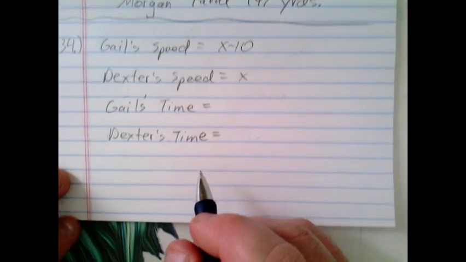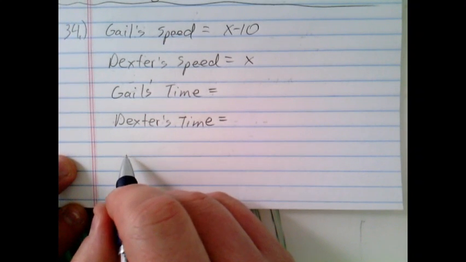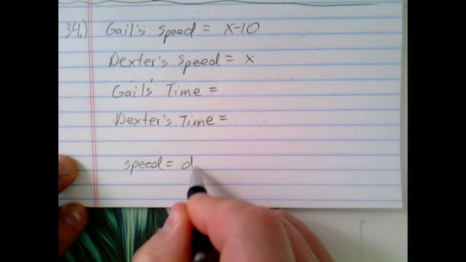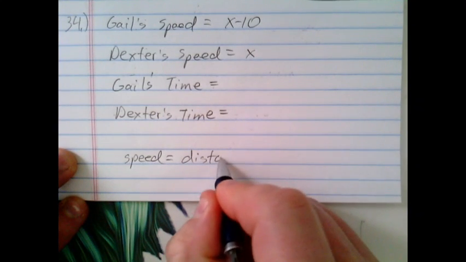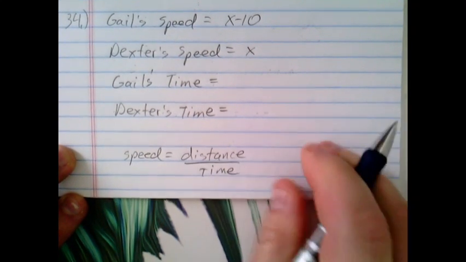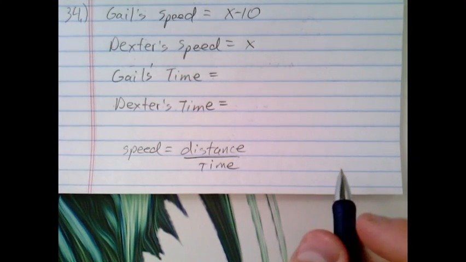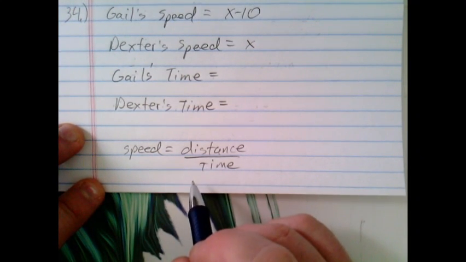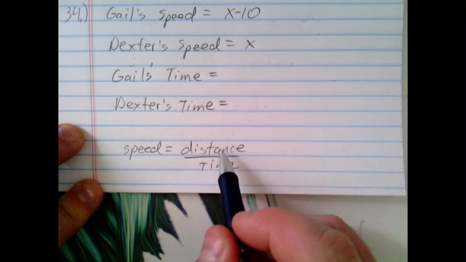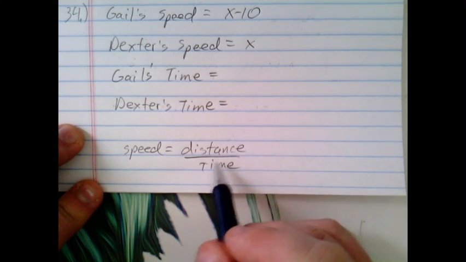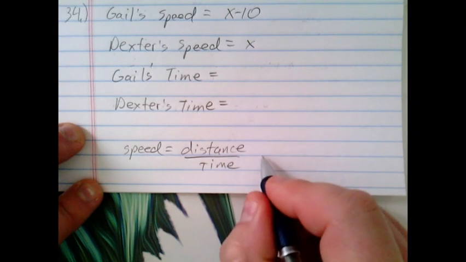Alright, here's what we're going to use. We're going to use the fact that speed equals distance over time. But I'm going to rearrange that. That's just the basic definition of speed. You know, like if I say I go 100 miles and it takes 2 hours, 100 divided by 2 is 50, so I'm going 50 miles an hour.